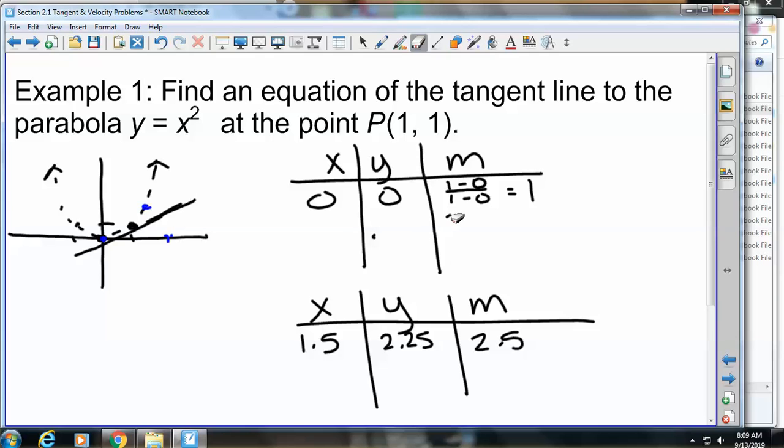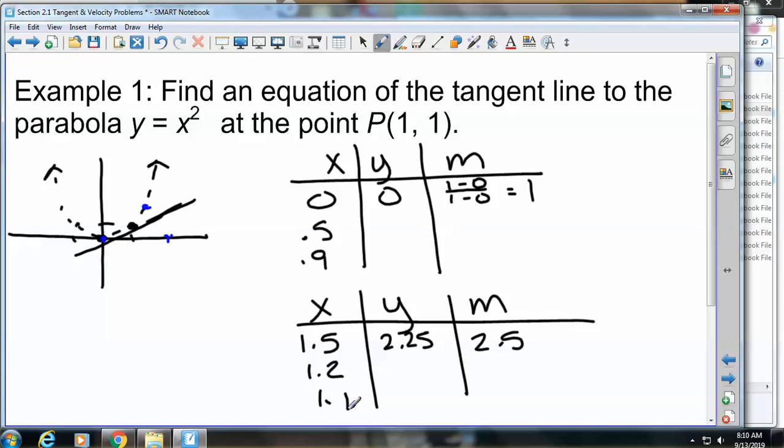And then stick only with numbers that are smaller than this point over here. So maybe I'm going to try to put in 0.5 or 0.9 and estimate these slopes. If I'm looking at things bigger, I could do 1.5, or what would be something else that's getting closer to 1 but bigger than it?